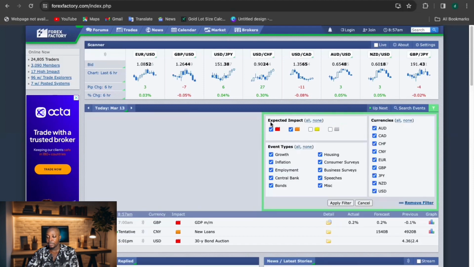Here you find expected impacts. This red folder is for the high impact news, and this golden folder is for the medium impact news. These are the news that we are concerned about. This yellow and ash one, they are for low impact news. So I turn this off and I turn these two on, and I click apply filter.